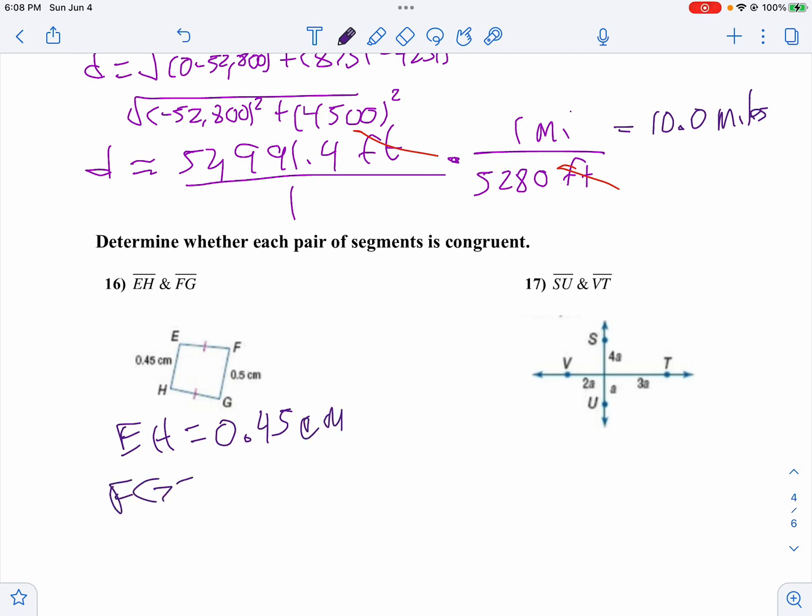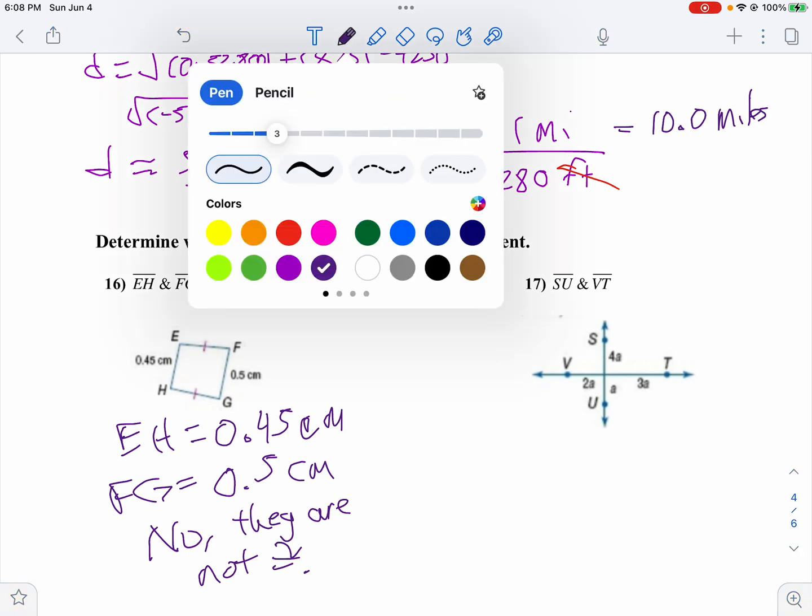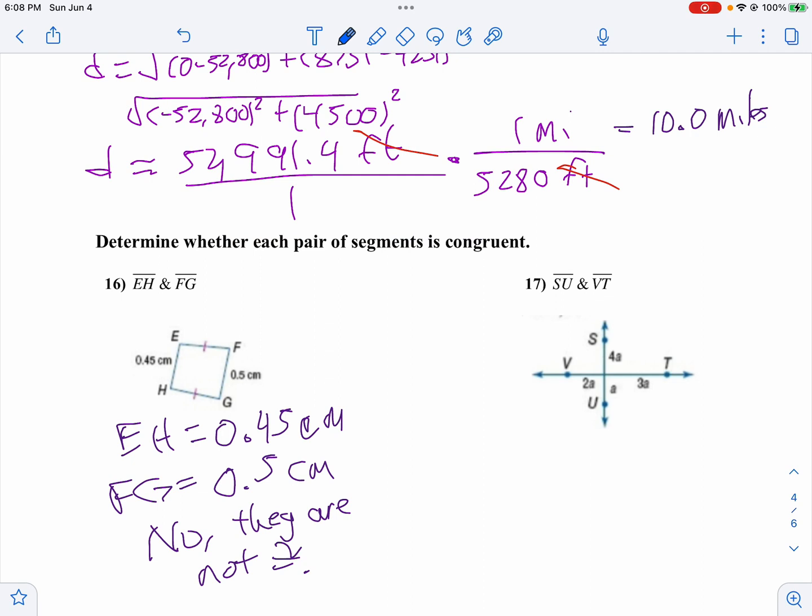FG is 0.5 centimeters. So no, they're not congruent. If I would ask if EF and HG are, you would have said yes, because notice they both have one tick mark on them. Let's use that same approach on the next one.